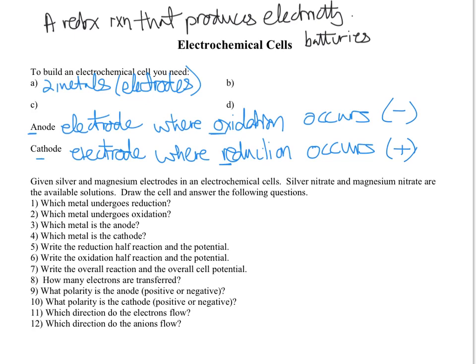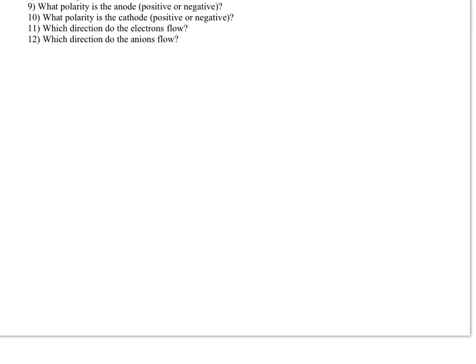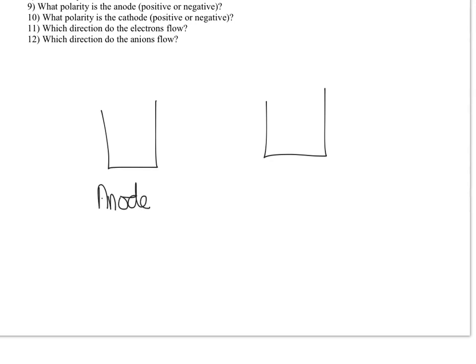So if you want to build an electrochemical cell, if you want to draw it, you would need to take those two metals and put them in containers or in beakers or something like that. So here is my container or beaker for the anode.